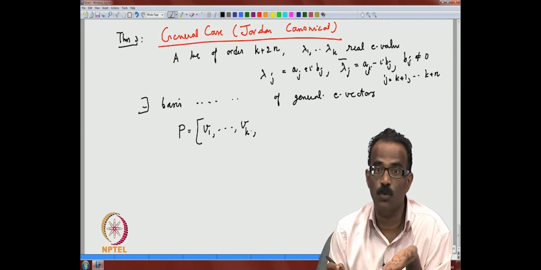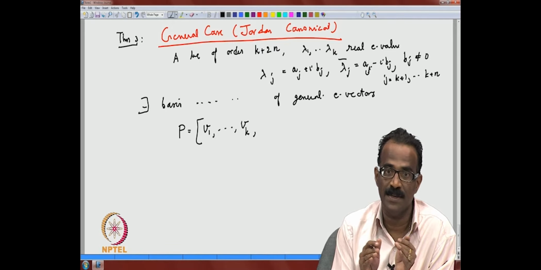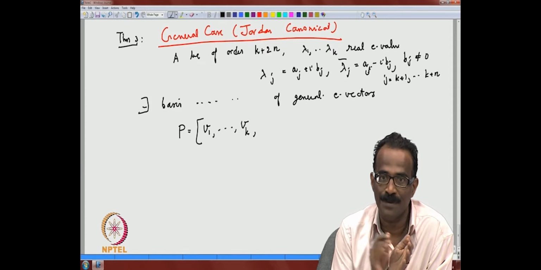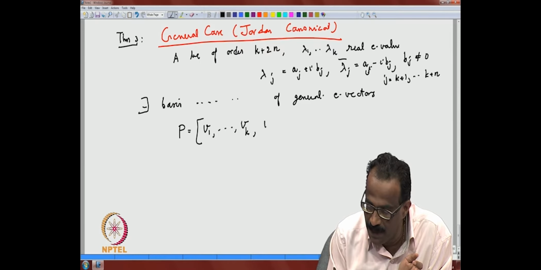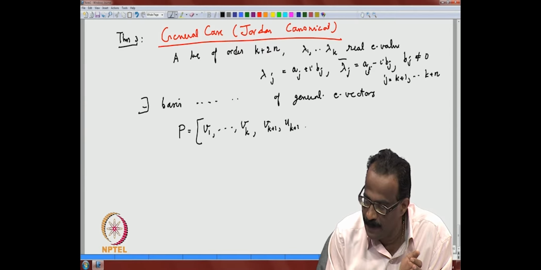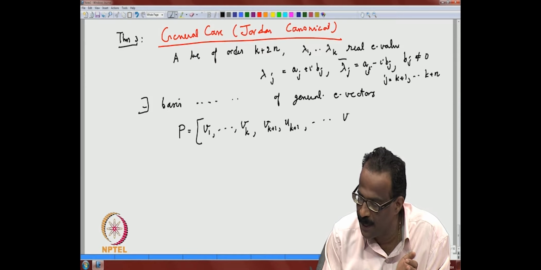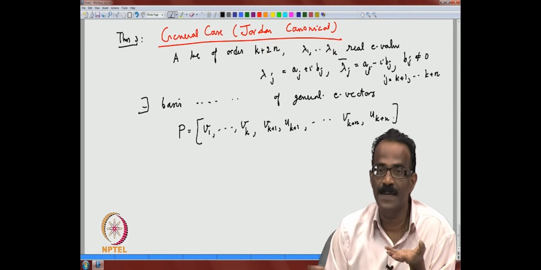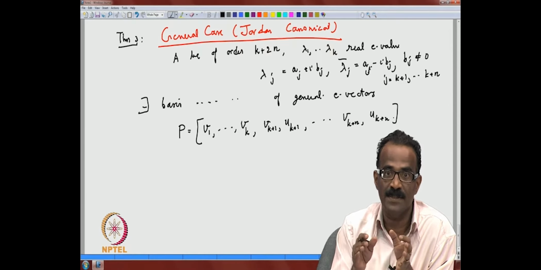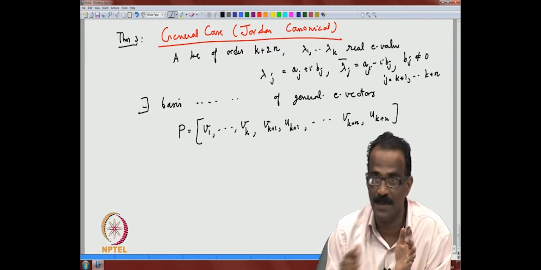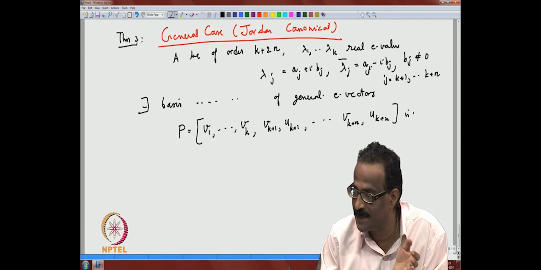So, this V1 to Vk are the generalized eigenvectors corresponding to lambda 1 to lambda k, and then V(k+1), U(k+1) like that up to V(k+n), U(k+n) are the generalized eigenvectors corresponding to the complex eigenvalues, and this matrix is invertible.